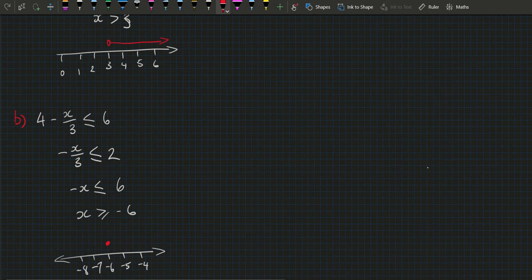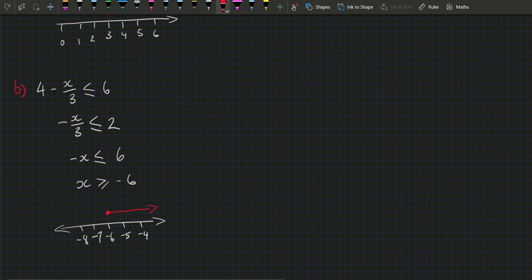We've got a greater than or equal to 6, okay? So think about it. Minus x with x of -7 is positive 7. That's not less than 6. With x of -8, that's positive 8. That is not less than 6. And with x of -5, minus x is positive 5. That is less than 6. And you can put it back into the initial expression as well.